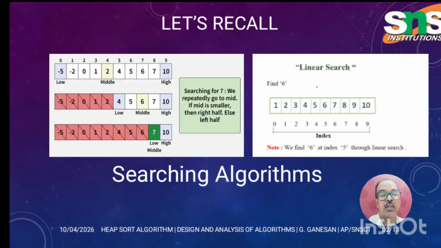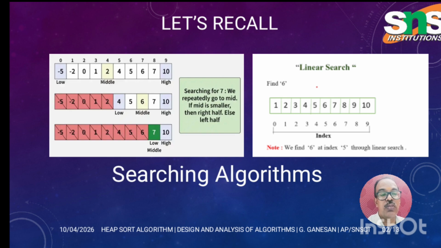In the previous class, we learned about two types of searching algorithms. One is linear searching, the second one is binary searching. In linear search, we want to find a particular element in a given array.